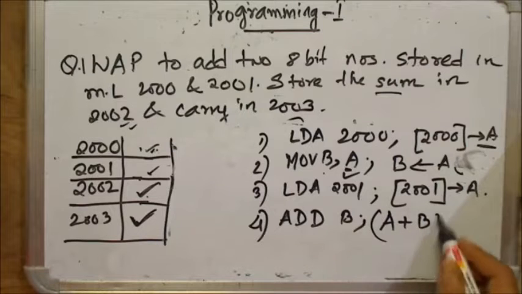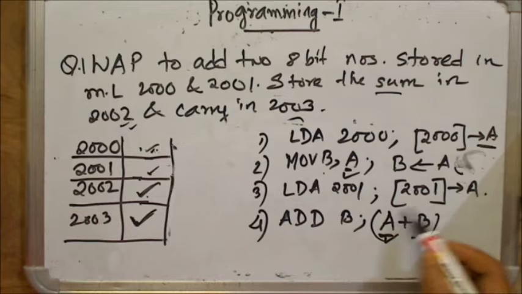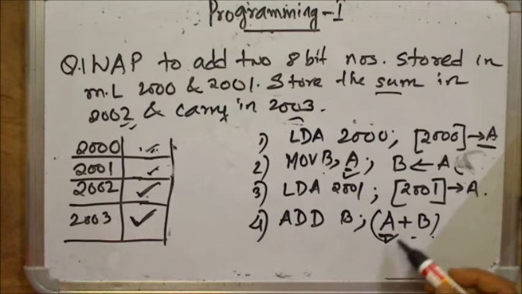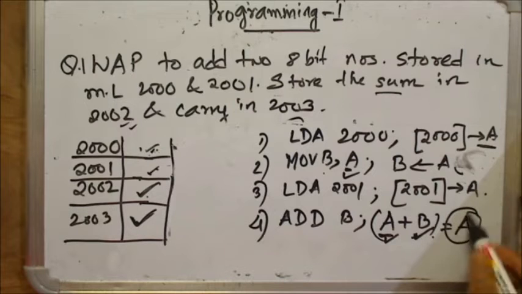If you write ADD B, what will happen? A plus B. Whatever data is stored in A, that is the data of location 2001, will be added with the data of register B, that is the data of 2000. And after addition, where will the result be stored?